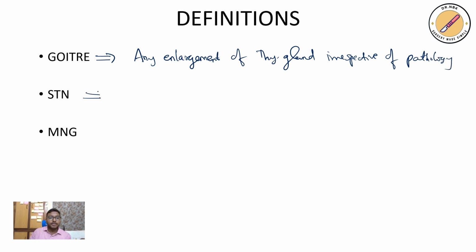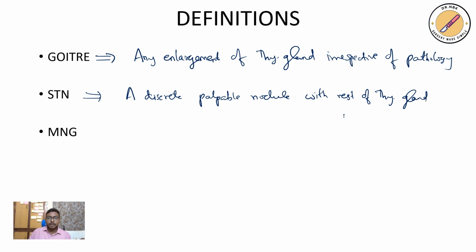Second one is solitary thyroid nodule. It is a discrete, single palpable nodule with the rest of the thyroid gland impalpable. Only one nodule is palpable, that's it. The rest of the thyroid gland is normal, it is not enlarged.